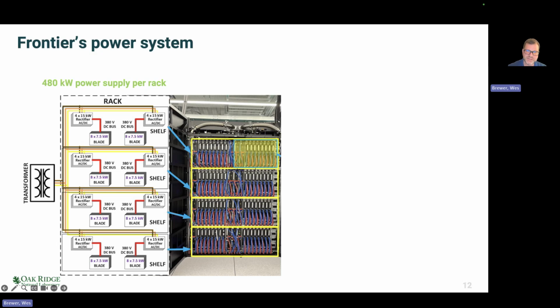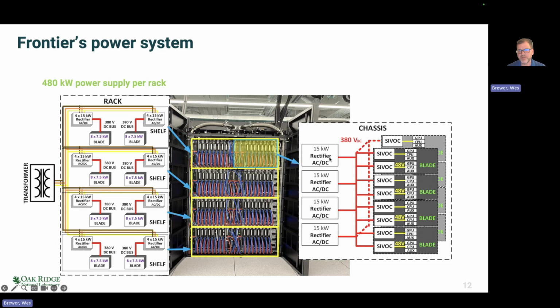Each shelf has 2 chassis. Each chassis has 8 blades. Each blade has 2 nodes. If we expand this chassis and blow it up, you can see the 4 rectifiers providing 380 volts DC, and then each blade containing 2 nodes.